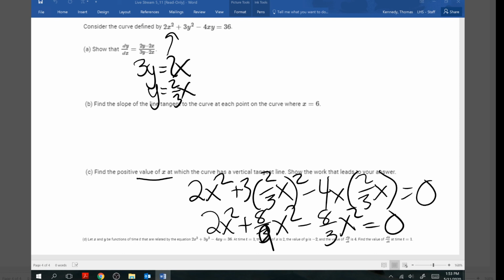The nice part is all of these are x squared terms, which makes this doable by hand. It would be really hard without. So I get 2x squared plus 8/9 x squared, and then I converted this to 24/9 x squared. Whoops, that's a minus.